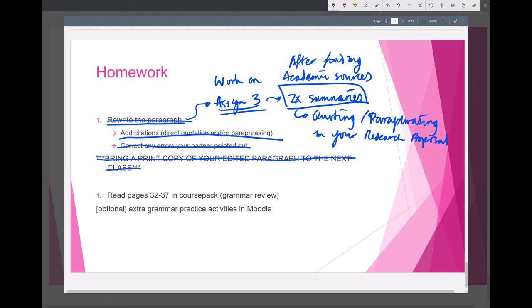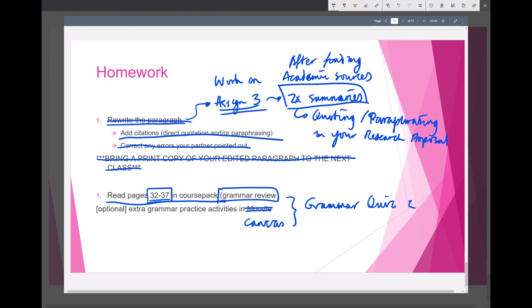Okay, and for practice, in your course pack, read pages 32 to 37 and review your grammar. Okay, and this is going to be extra practice on Canvas. So remember, we have a grammar quiz again. This is grammar quiz 2. So we'll cover things from week 2 and 3. So all the grammar stuff about sentence structure and parallel structure.